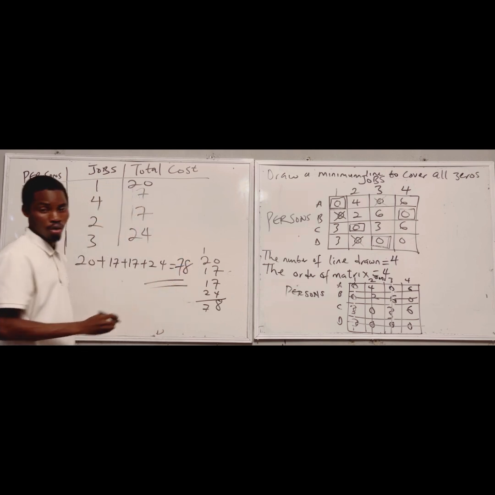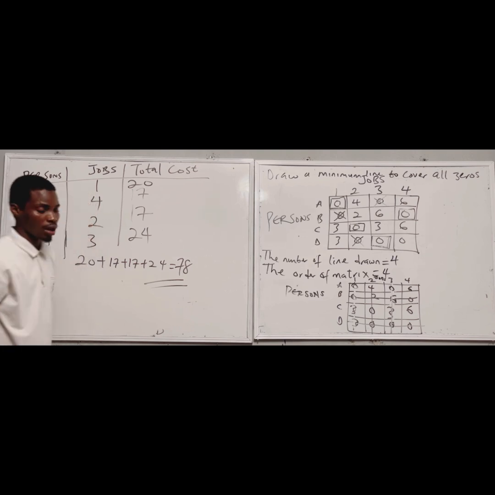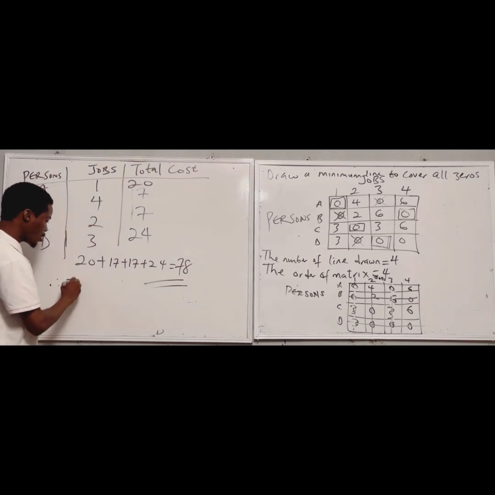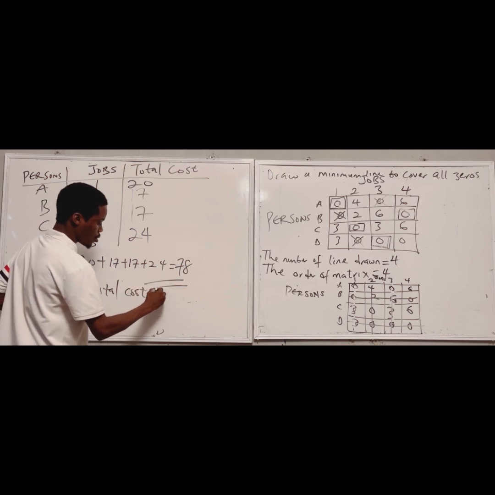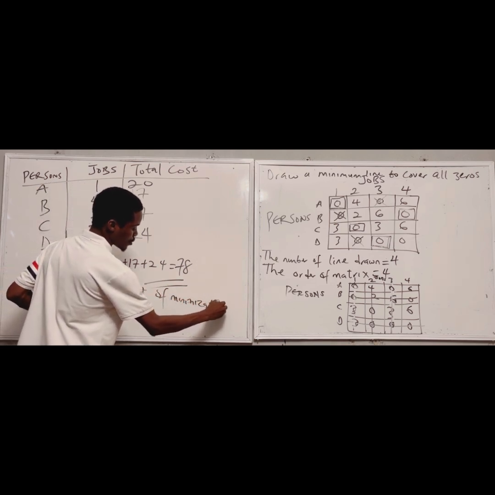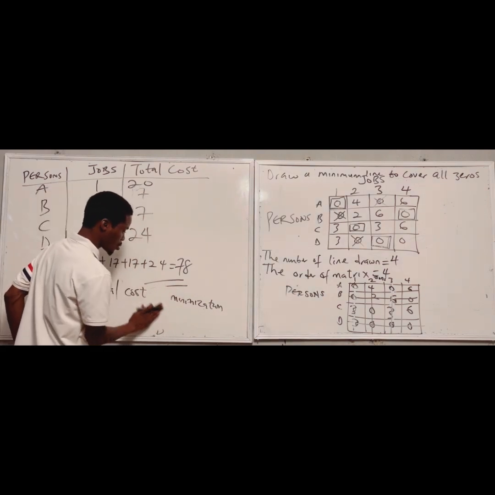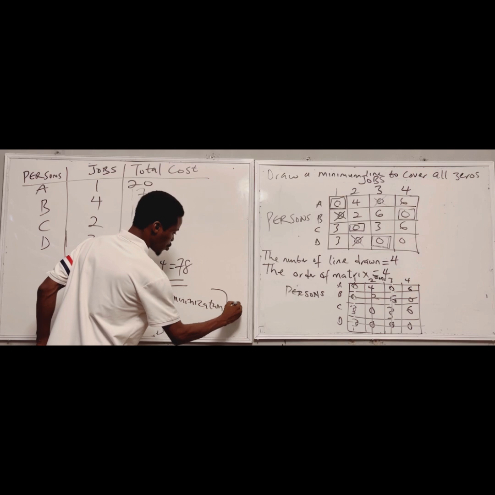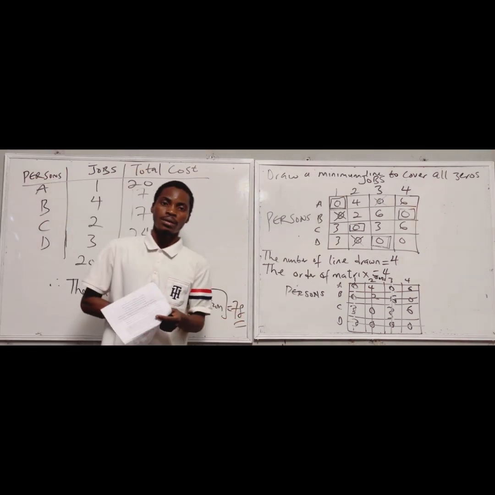So the total cost of minimization is 78. So we have got our total cost. Therefore, the total cost minimization is equal to 78. So this is the solution to the problem. Thanks for watching.